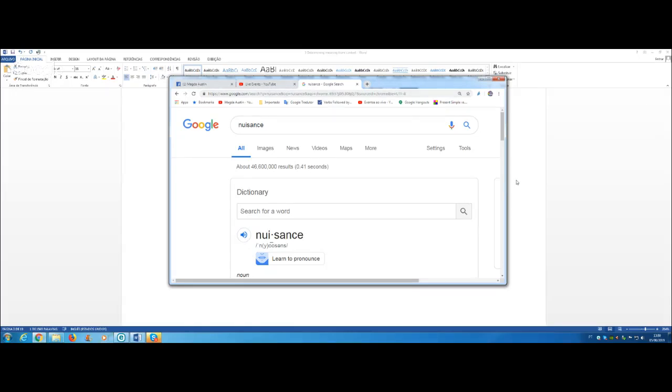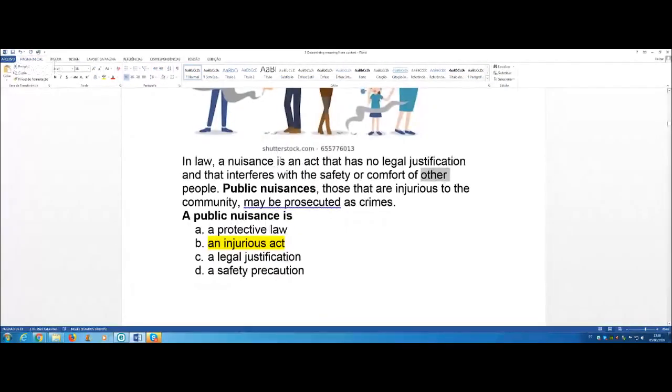Nuisance is defined with the verb to be. It's an act. But the question is public nuisances. So now I have a relative clause: those that are. Here, those is just renaming, referring to public nuisances.